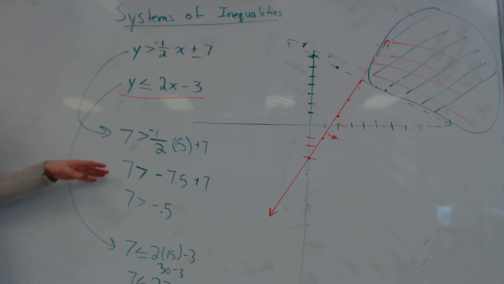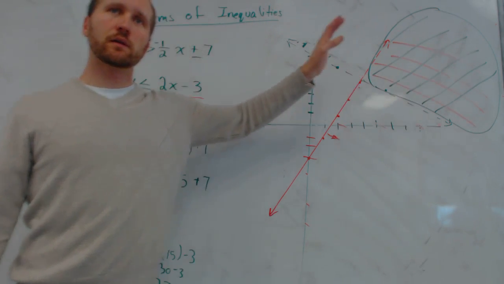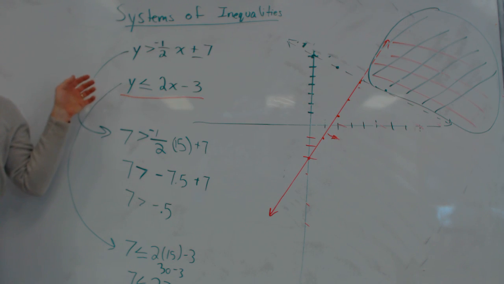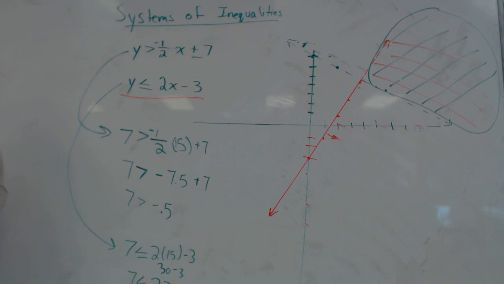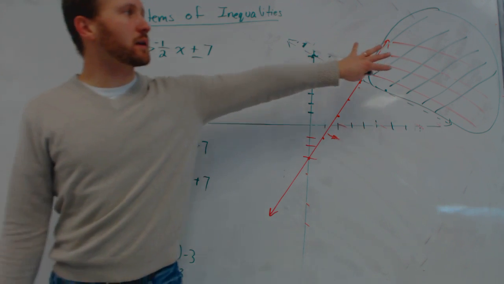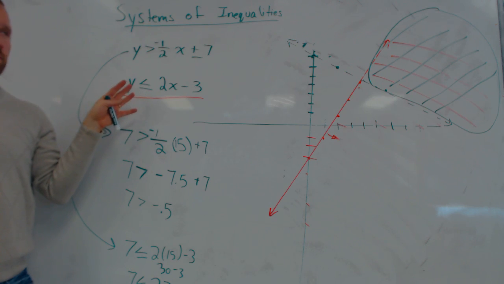If I've evaluated these correctly, which I think I have, we can see that this point, somewhere over here, is true in both inequalities. Now you don't have to do that to solve these, but I think it's really important to understand what we're saying. And what we're saying is that any point in this region is true in both inequalities.